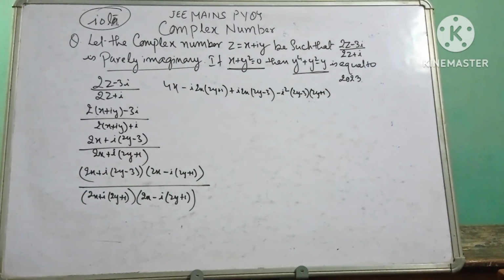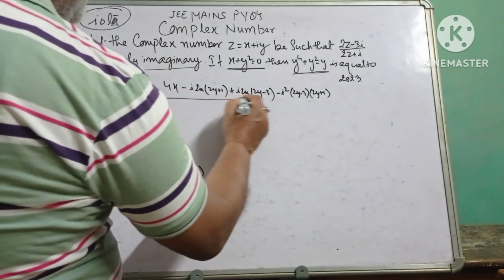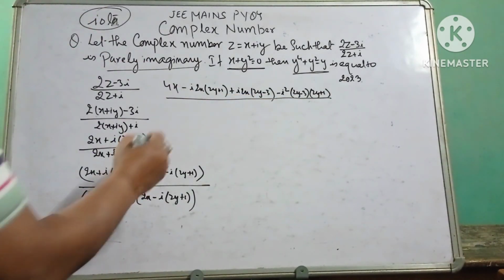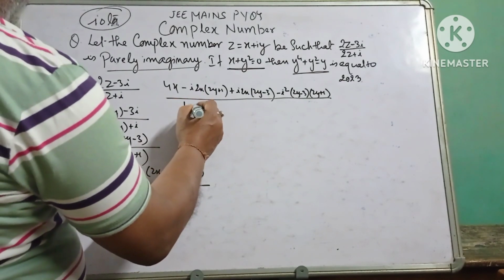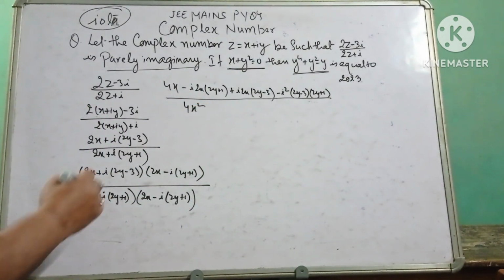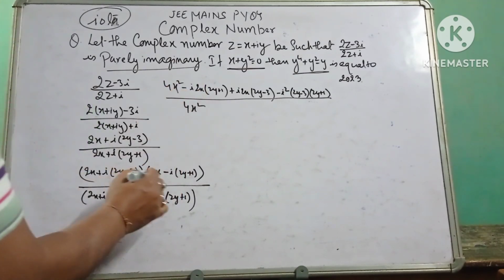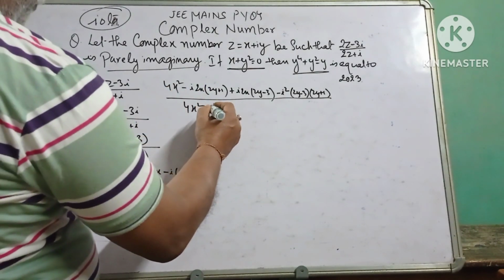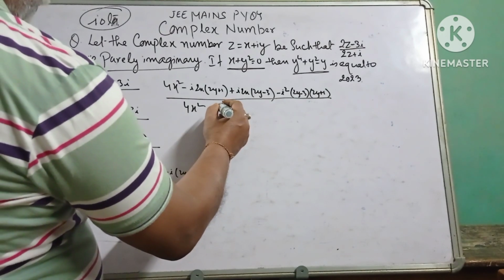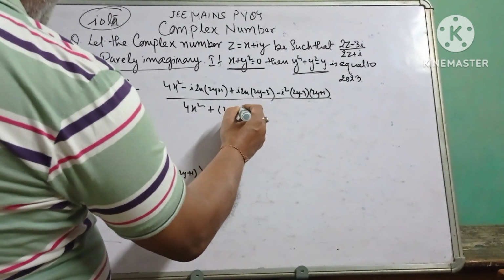In the denominator it is a square minus b square, so this is 4x square, and minus i square means plus, that is (2y plus 1) the whole square.